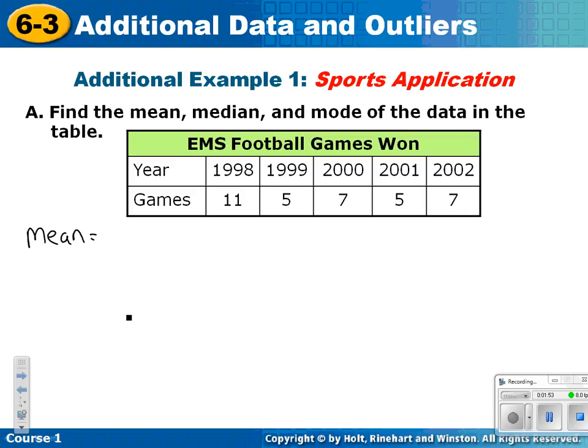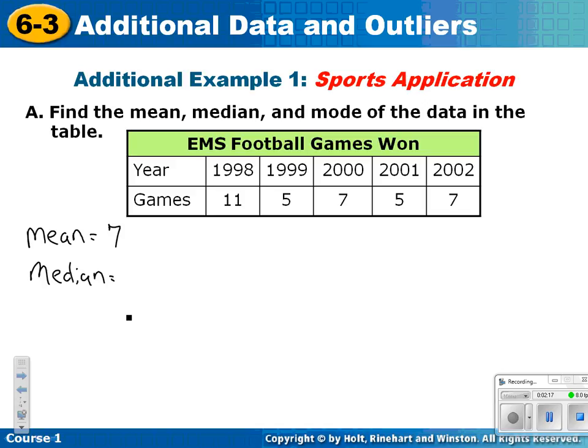Kevin: Add all the numbers up and divide by 5. So if we add this up, we have 5 and 5, which is 10, plus 11 is 21, plus 7 is 28, plus 7 is 35. So 35 divided by 5. Our mean is 7.